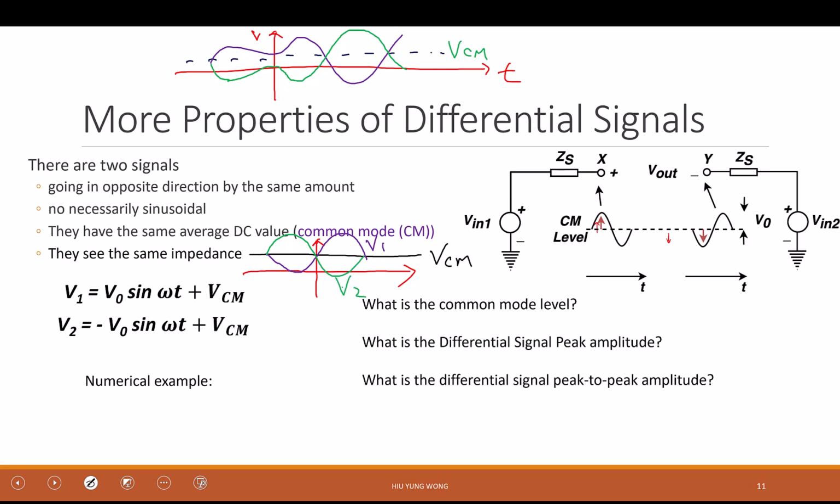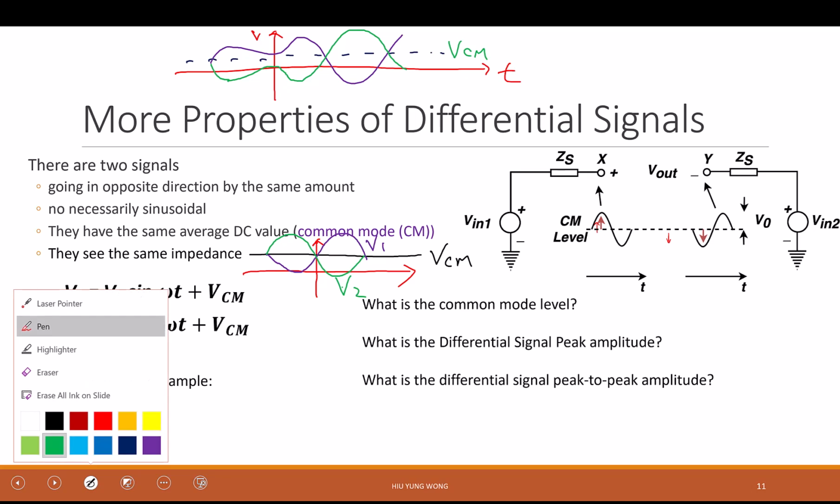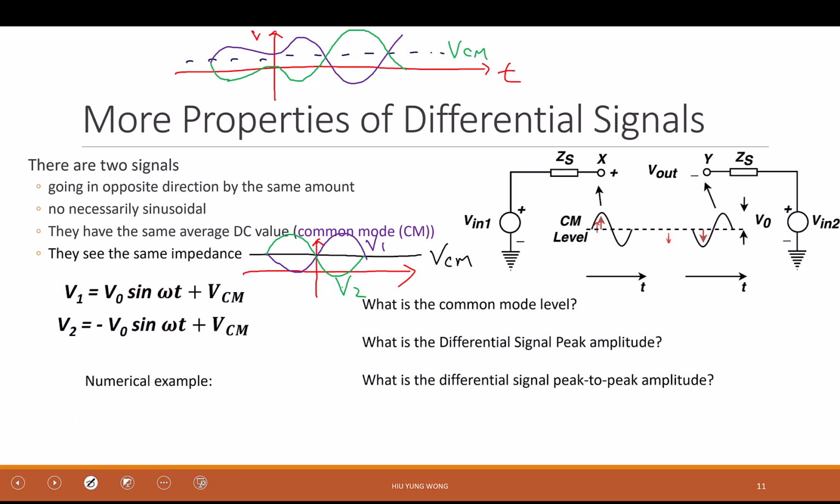Are they differential? They are, right? They have the same common mode. They're going in the opposite direction at any time, because of sine omega t, and they have the same amplitude, V0. So what is the common mode level in this case? Let me also give some numbers. For example, VCM can be 2 volts.